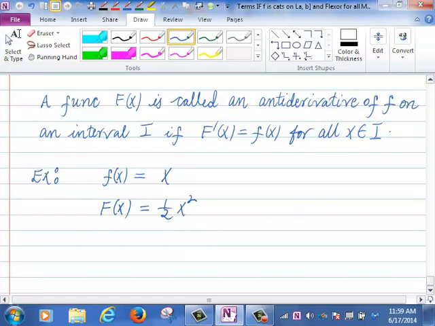Is everybody okay? So what we say is that half of x squared is an antiderivative of the function x.